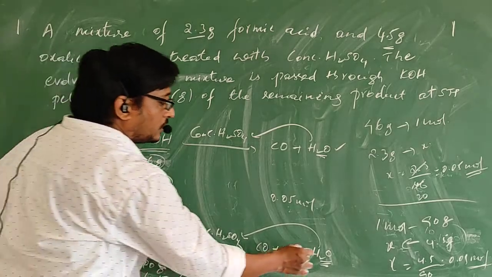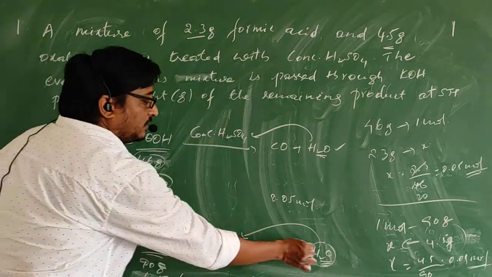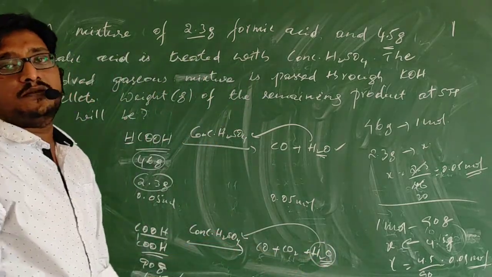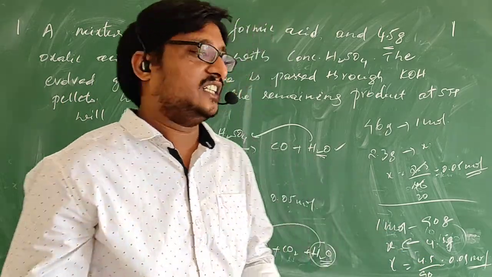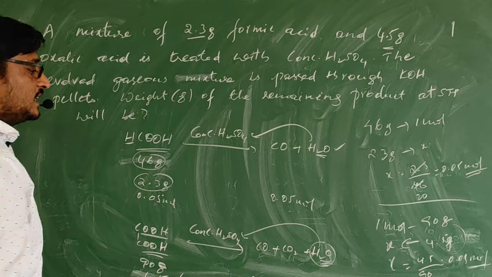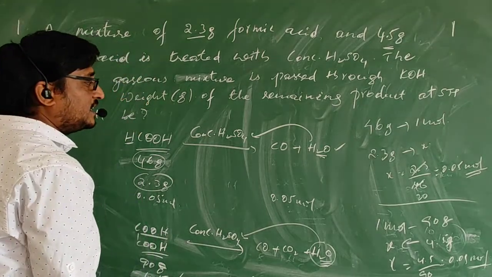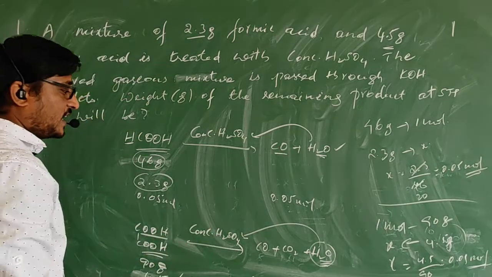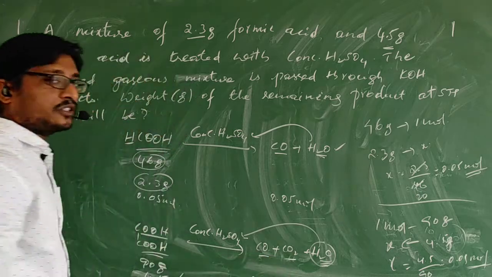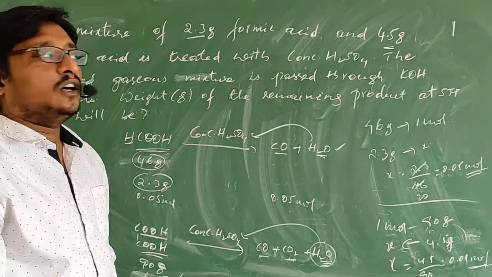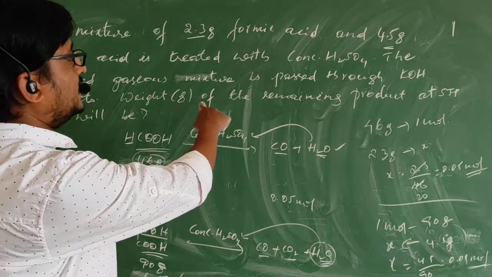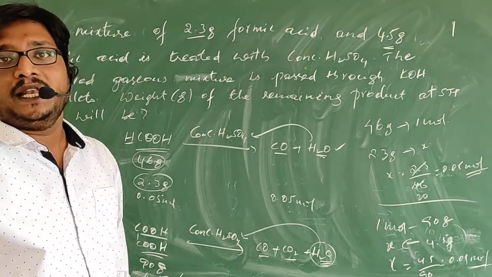We don't bother about this H2O because it will be absorbed by the concentrated sulfuric acid, a strong dehydrating agent. Now the remaining things are carbon monoxide in the first reaction, and carbon monoxide and carbon dioxide in the second reaction. These three components are passed to potassium hydroxide pellets.